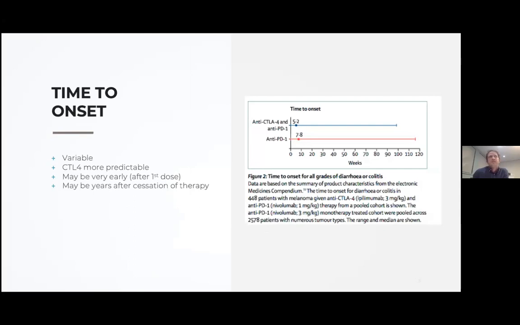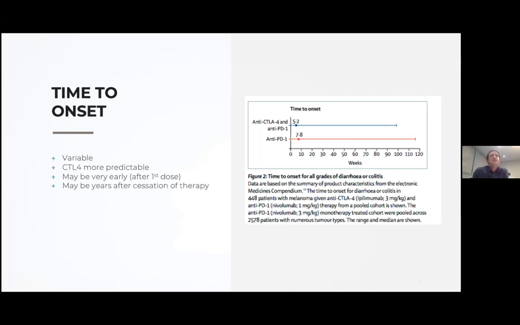Whereas with the PD-1s and the PD-L1s, it's more variable, maybe as early as a week or two after the first dose. And again, as Bilal had mentioned, it may be even years after cessation of therapy. So the index of suspicion for an immune-related adverse effect is not contemporaneous with the actual drug being used.